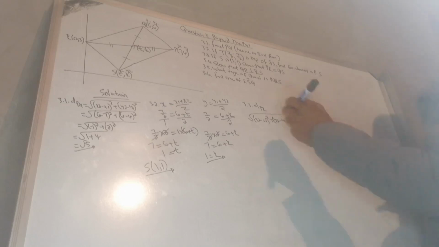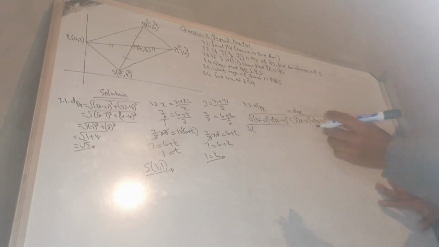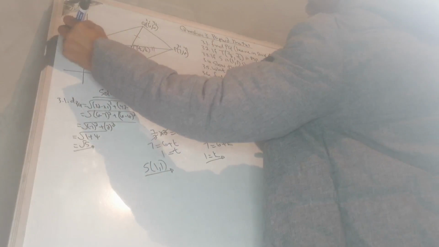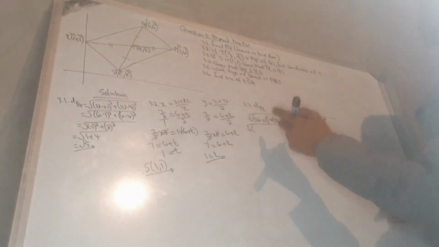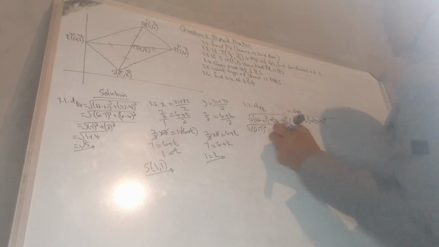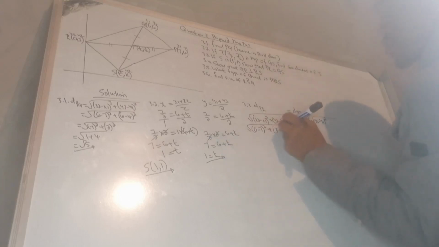Then from here I can work out PR, using x1, y1, x2, y2. Remember, these are (0, 3) and (7, 4). So that would be 0 minus 7 squared plus 3 minus 4 squared.